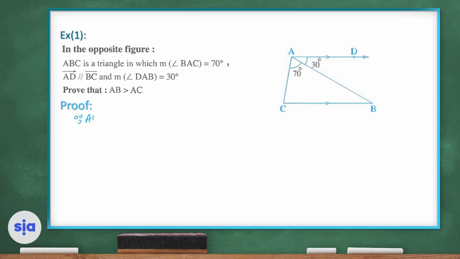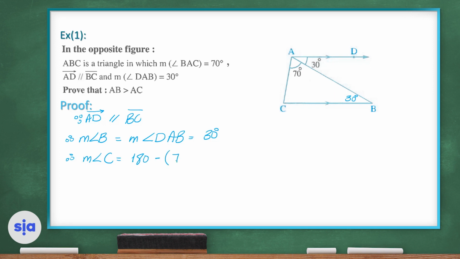Since AD is parallel to BC, therefore the measure of angle B is equal to the measure of angle DAB, which is 30 degrees. So this angle now is 30 degrees. Then the measure of angle C is 180 take away (70 plus 30), which is 80 degrees.